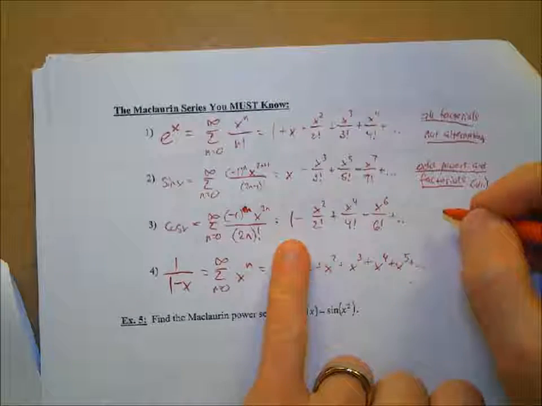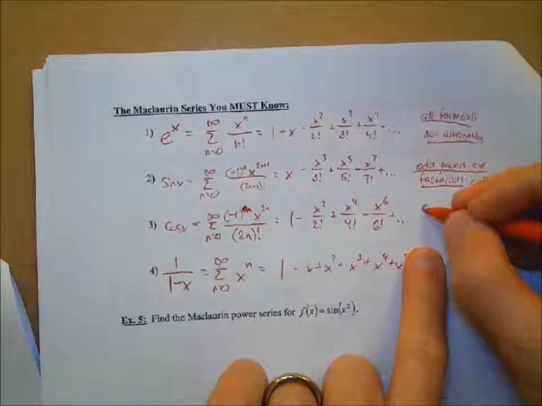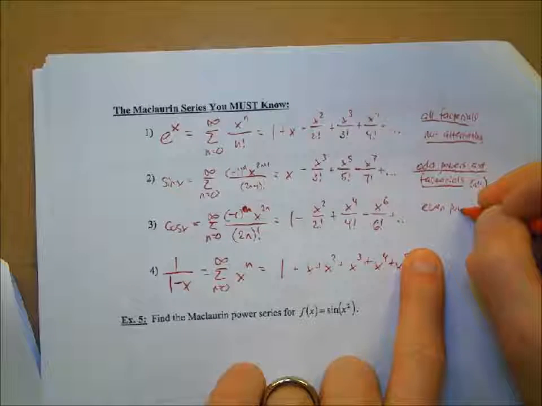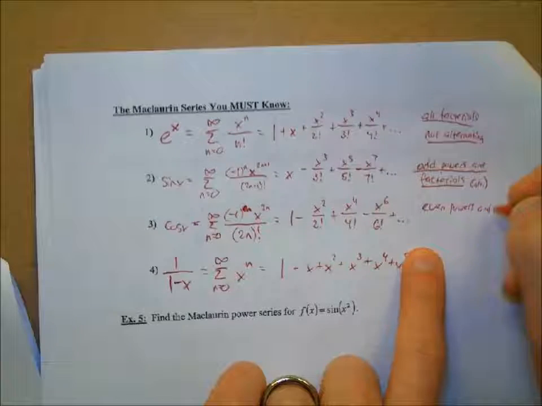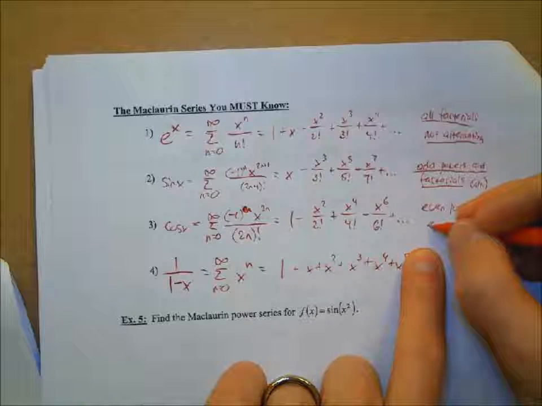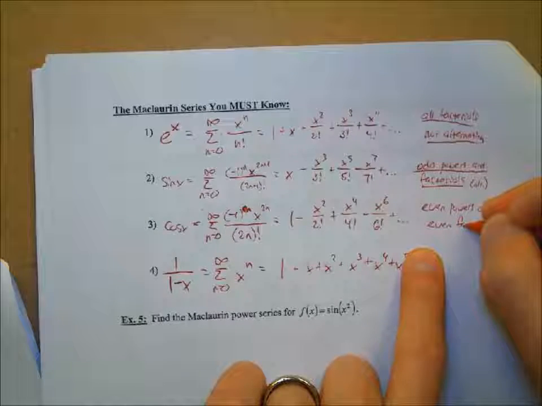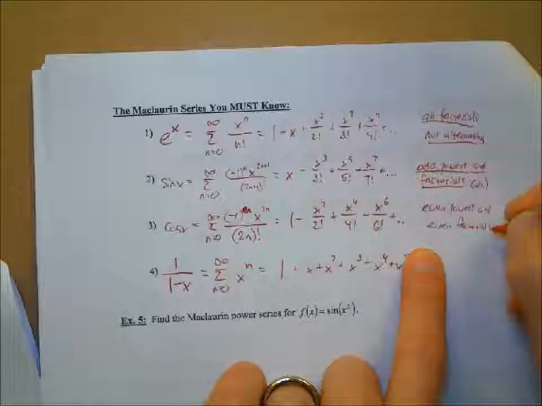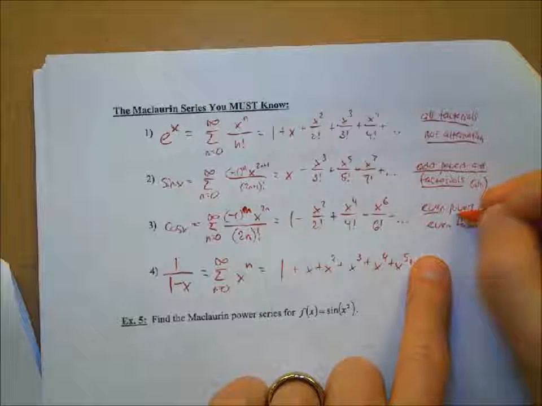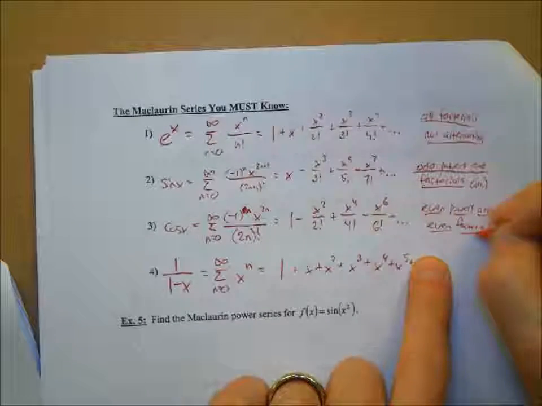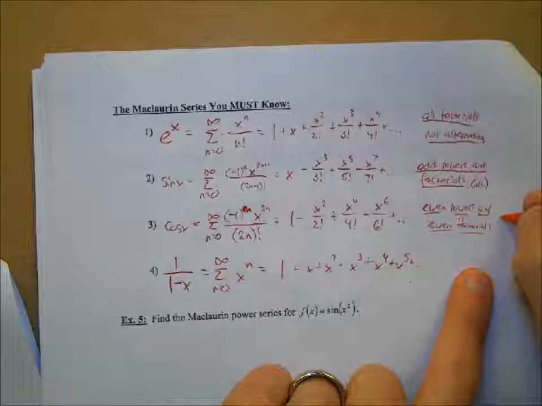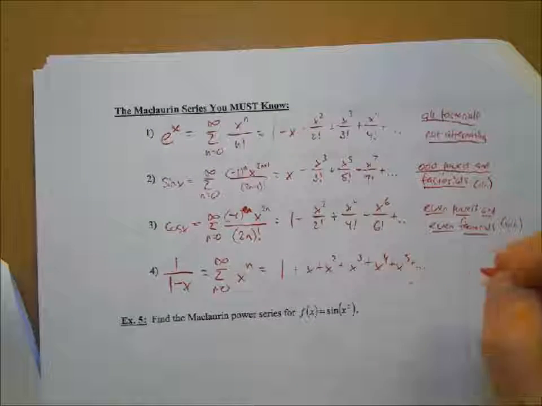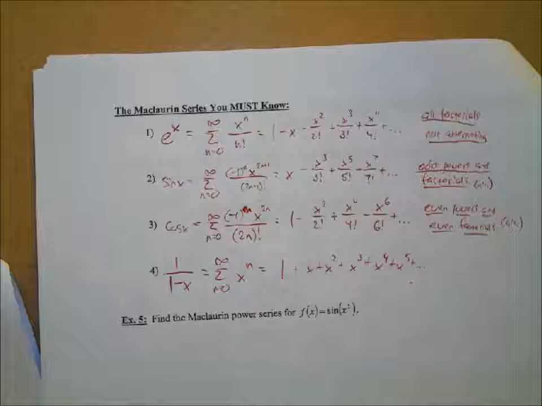And for cosine, that's your even powers and even factorials, and again, that is also alternating. And then geometric, well, it's a geometric series there.